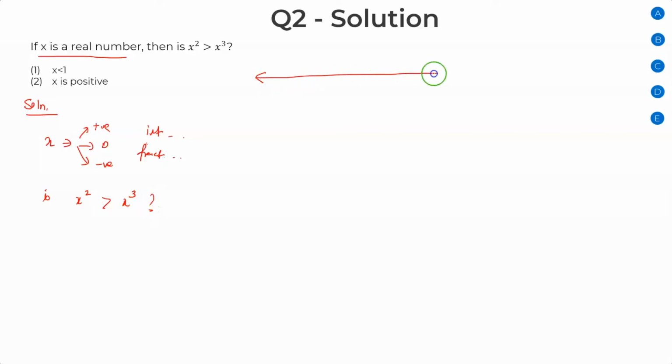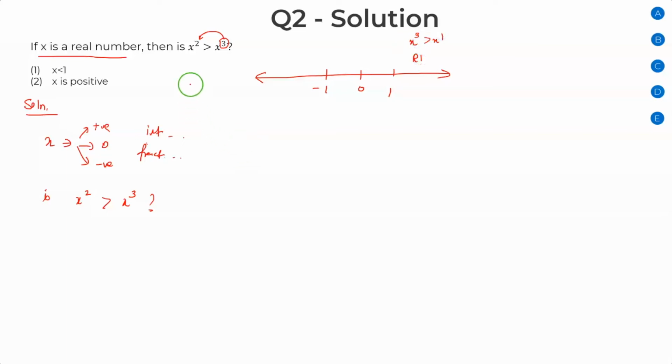Now think about it. Let's look at the number line. They are asking me whether a lower power is greater than a higher power, or in short, whether the higher power is less than the lower power. Per our understanding, we know that in region 1, the higher power has a higher value.